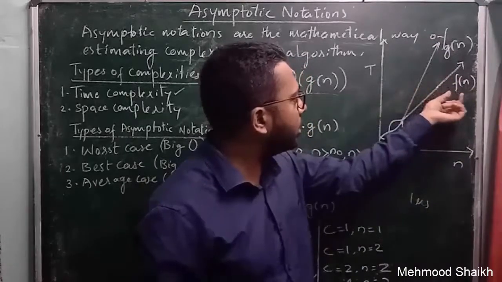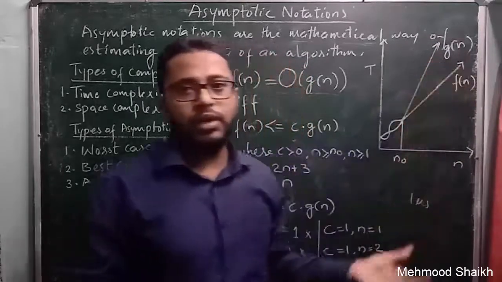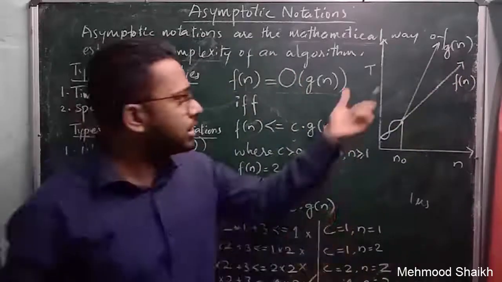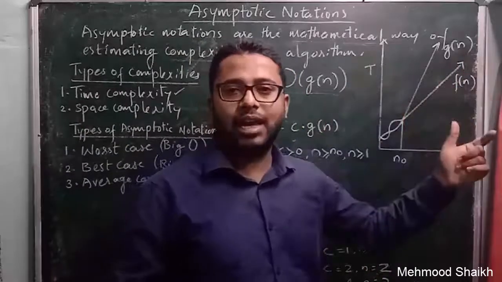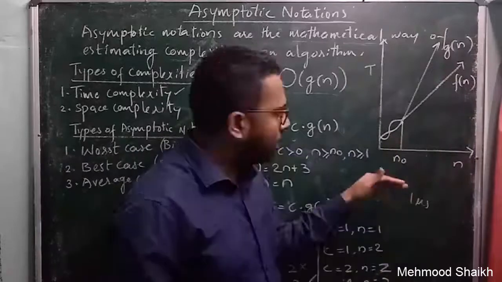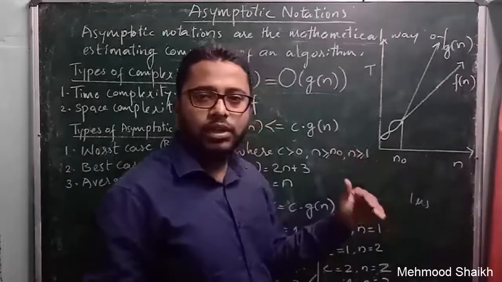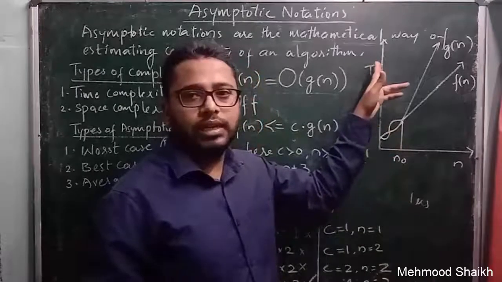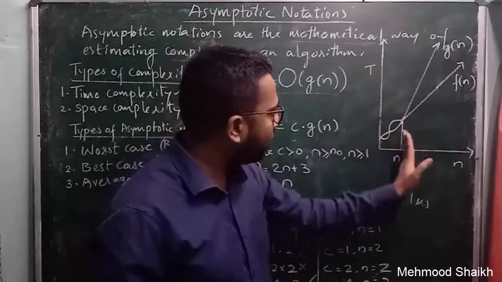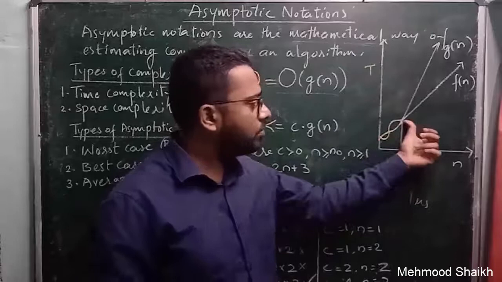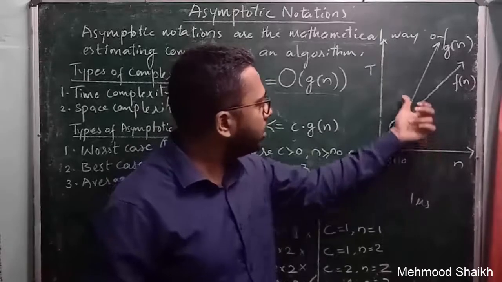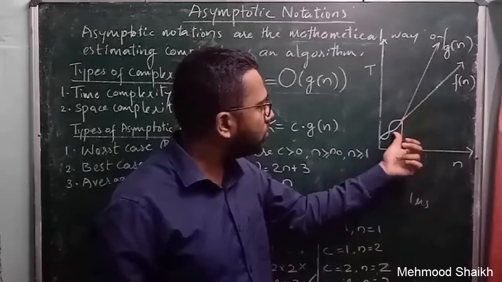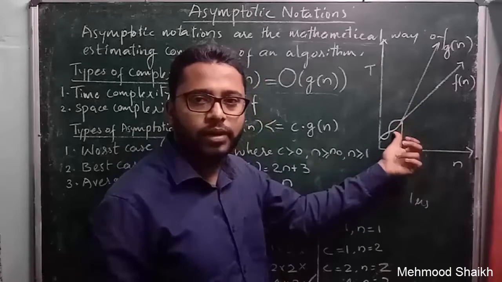So f of n is big O of g of n, because g of n is the maximum time required by that algorithm. As I have said, as I keep increasing the size of the input, the time also increases. At a certain point, you can see the function g of n was below the function f of n.